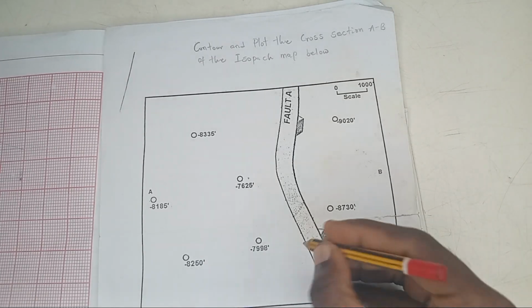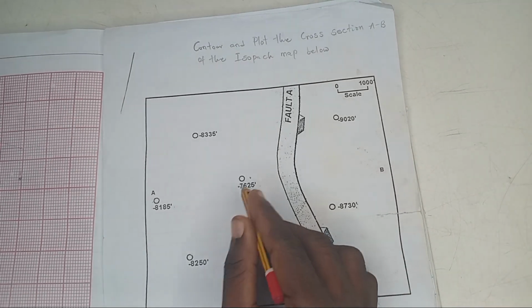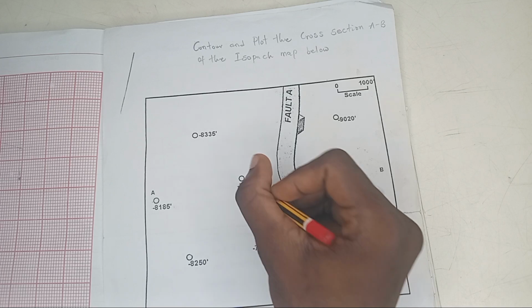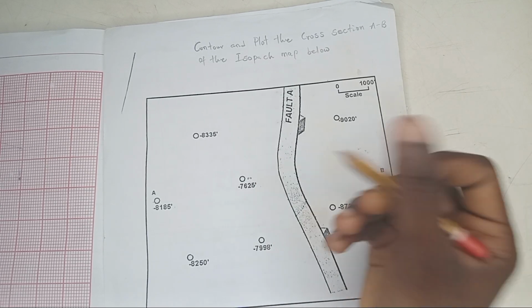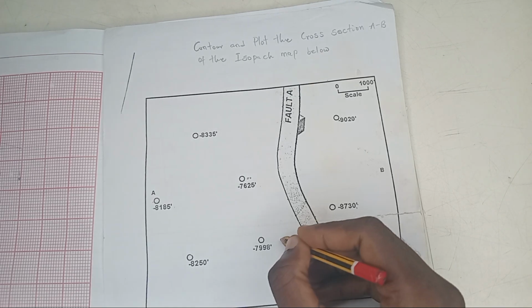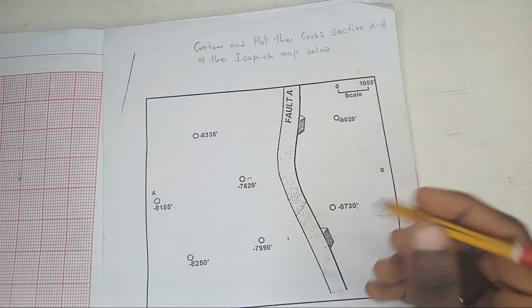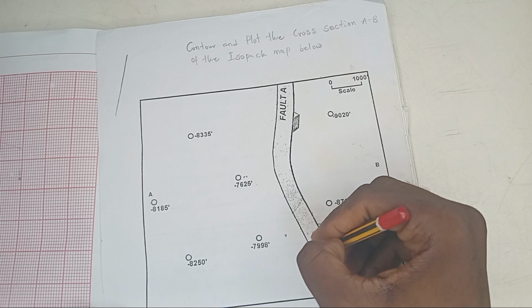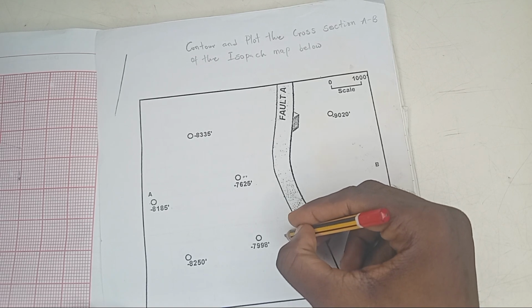8,400. Now let's start. If you look at it now, 7625, 7,100 is closer to it. So that's why I did like this. Okay, show that. In 7,998, 7,700 is farther from it. So I'm going to contour, because it's a fault, we will start from the edge of the fault.